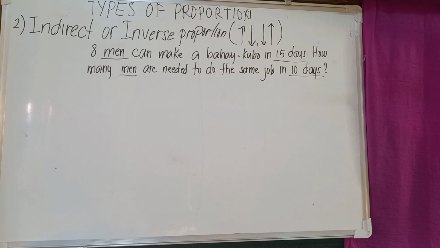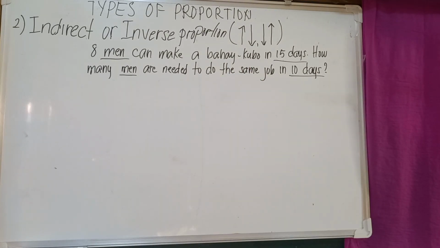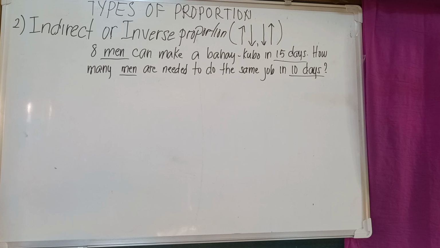Kung ina-analyze nyo yung problem, dahil nabawasan ang bilang ng araw sa paggawa ng bahay kubo, ano kaya ang mangyayari sa bilang ng magtatrabaho ng mga tao? Ito kaya ay mababawasan or madadagdagan? Ayan, meron na kayong idea, di ba?